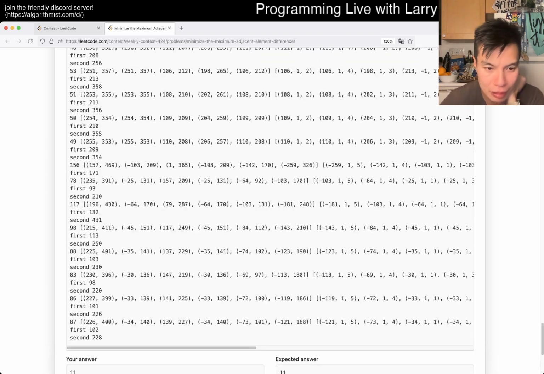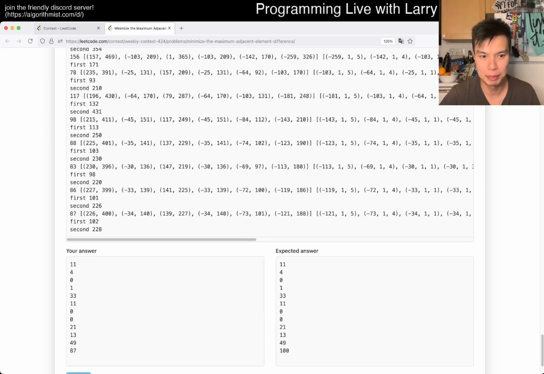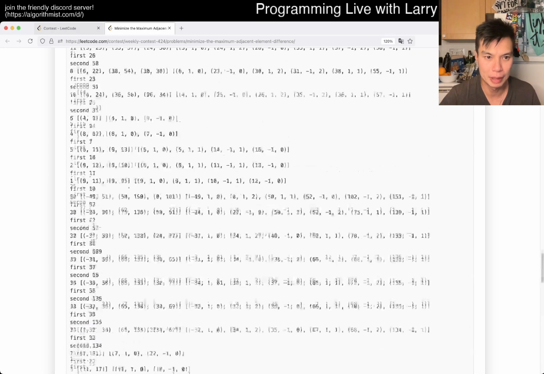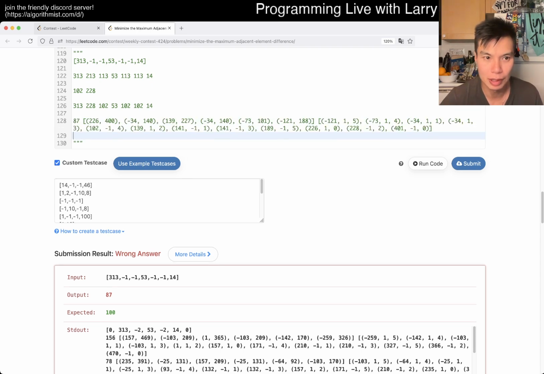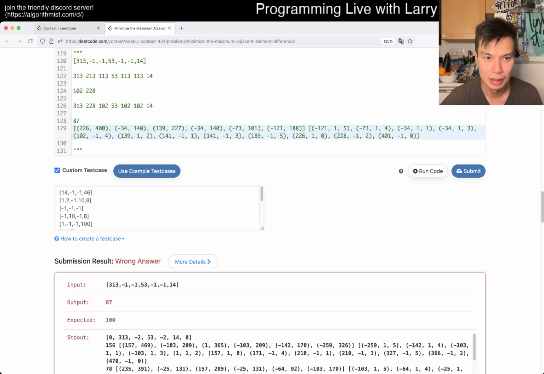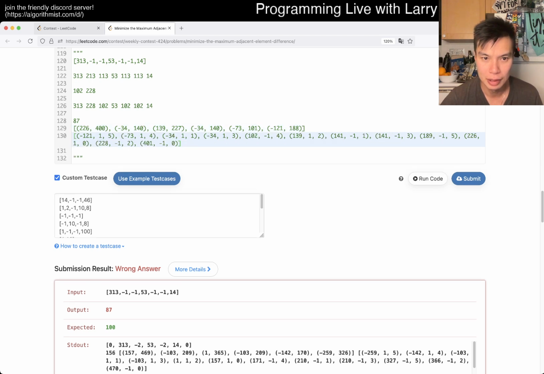Okay, so then now you have these intervals. Let's copy and paste it up. All right, so I have 87. These are my intervals that I care about, and then these are the things, right? So the first thing to be -1 is going to be at 102.